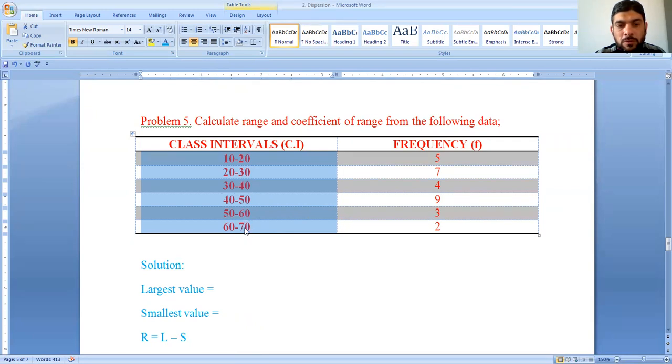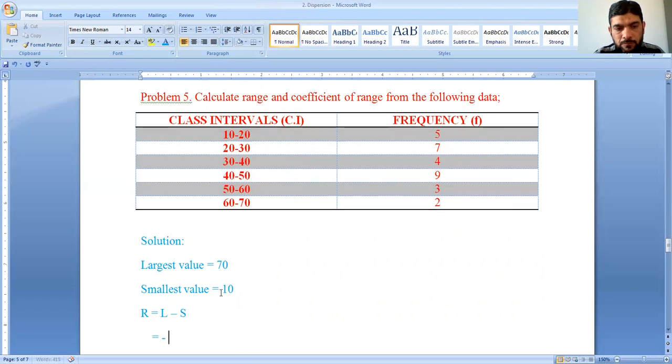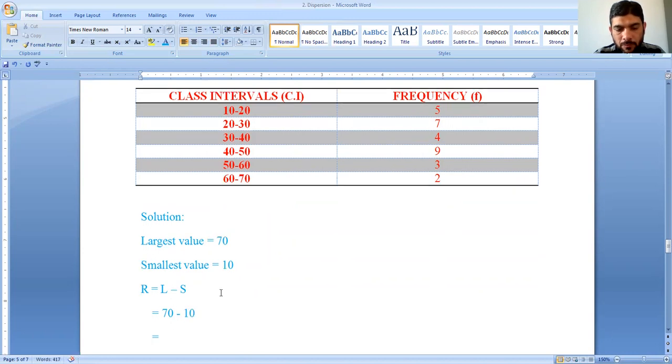So the largest value is 70 and the smallest value is 10. We take 70 and 10 for the numerical calculation. That is 70 minus 10 is equal to 60. So this is the answer.